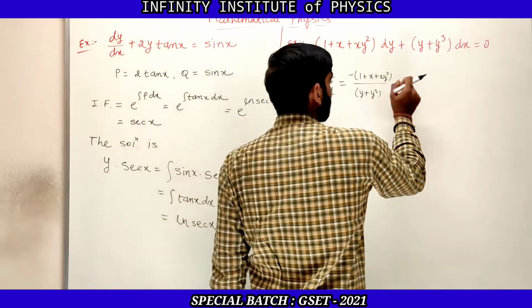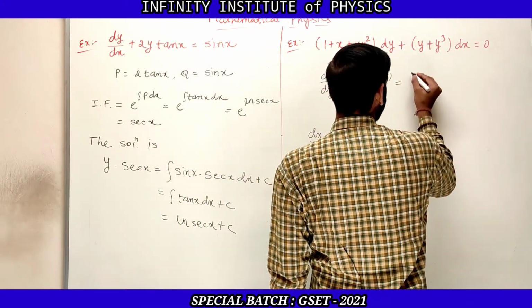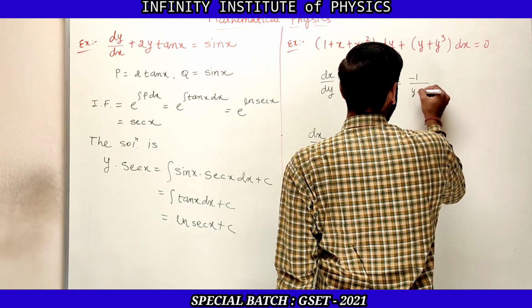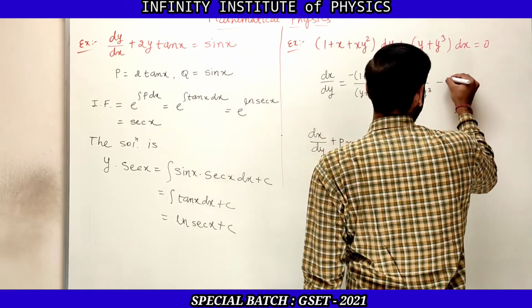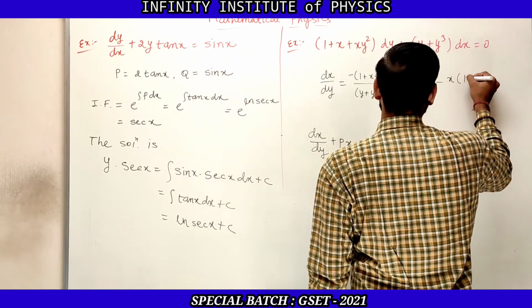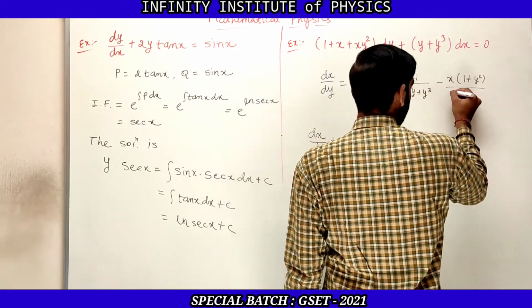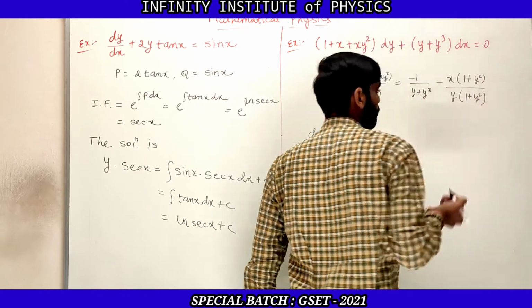So now let us expand this one. Let us give that 1 upon y plus y cube to that particular term 1. So it will be minus 1 upon y plus y cube. Let us take x common from these two, then it will be minus of x into 1 plus y square upon y plus y cube. So let us take that y common, then it will be 1 plus y square.